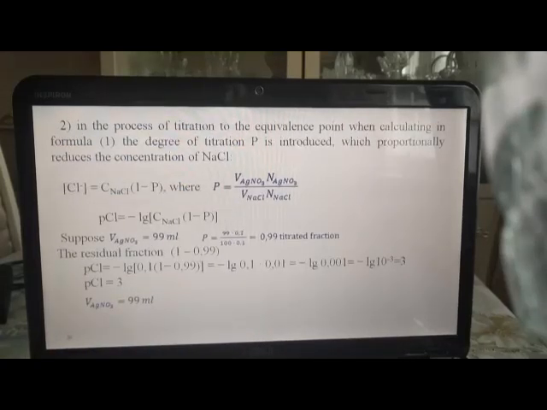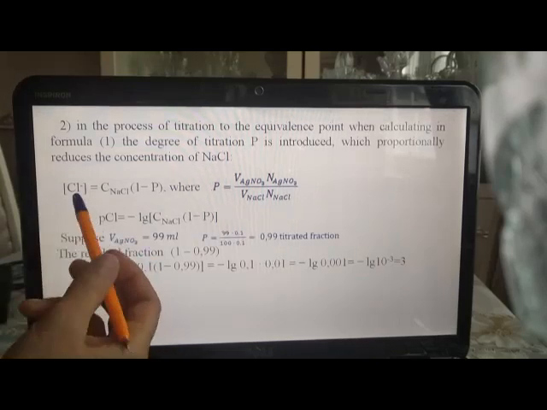Second, in the process of titration to the equivalent point, with the concentration calculated in the first formula, the degree of titration P is introduced, which proportionally reduces the concentration of sodium chloride.